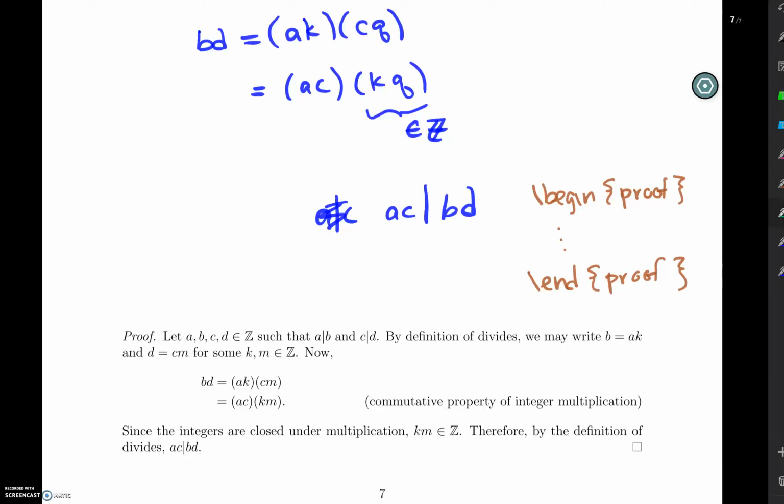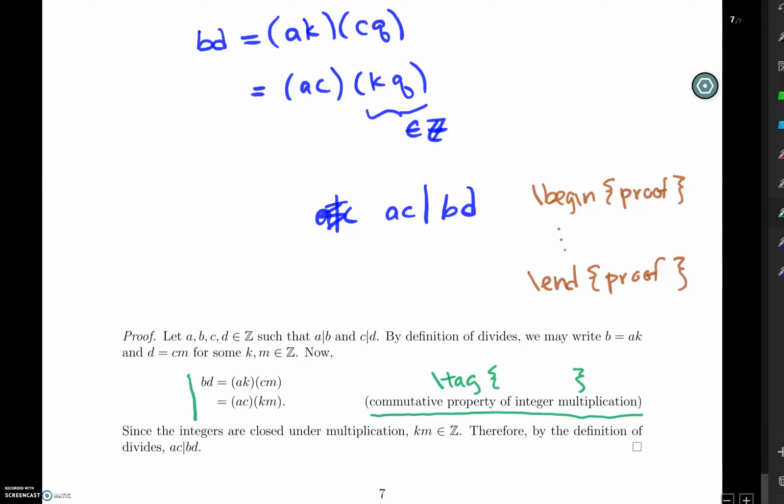Now, when we look at BD, we get AK times CM, rewriting AC times KM. This piece, the commutative property of integer multiplication, to get that, you add a tag inside of the align environment.